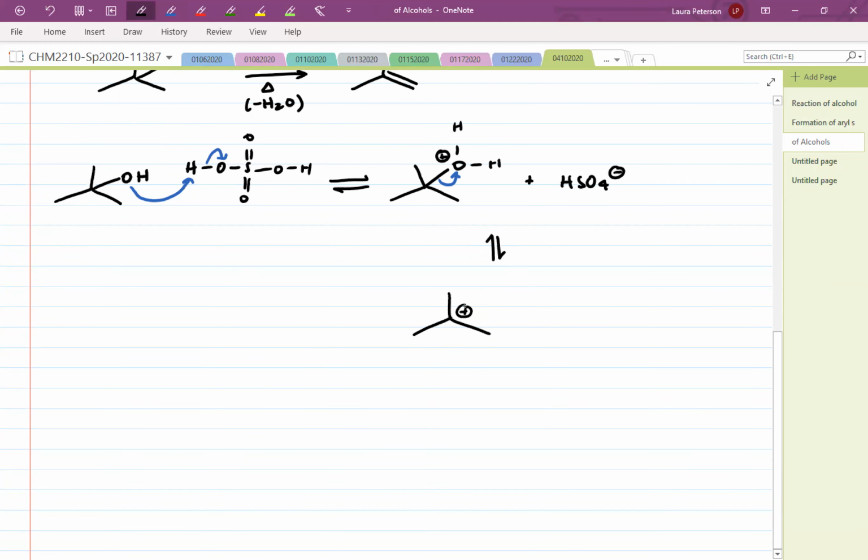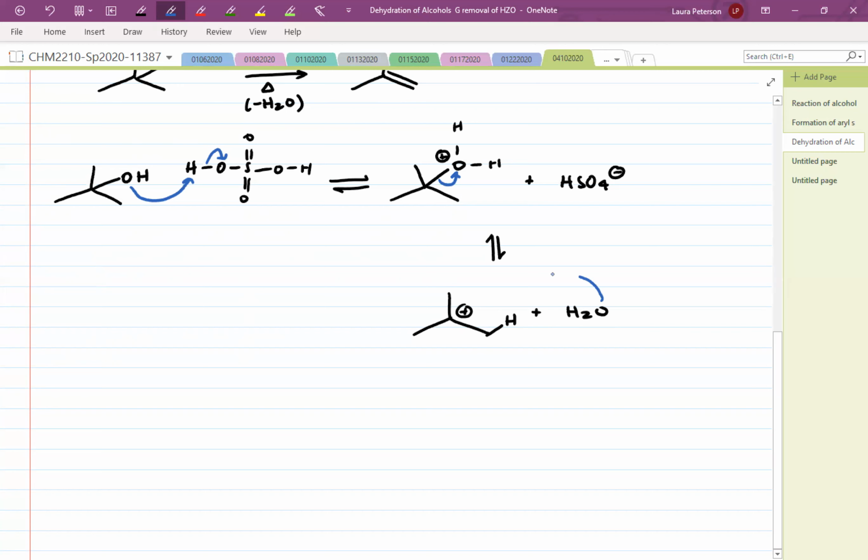Okay, so here, as we're going through a carbocation, and this is an E1 mechanism, check for rearrangements before you proceed in the mechanism. And then from there, we also generated this water, and we are going to remove this beta hydrogen. Okay, so we could use either HSO4 minus sulfate anion, or we could use water as the base here.